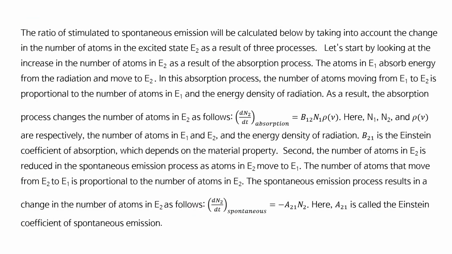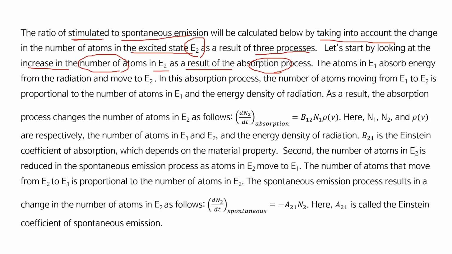The ratio of stimulated to spontaneous emission will be calculated below by taking into account the change in number of atoms in the excited state E2 as a result of three processes. Let's start by looking at the increase in the number of atoms in E2 as a result of the absorption process.